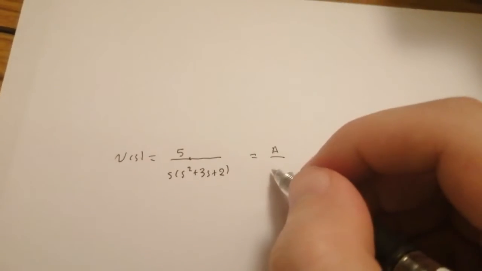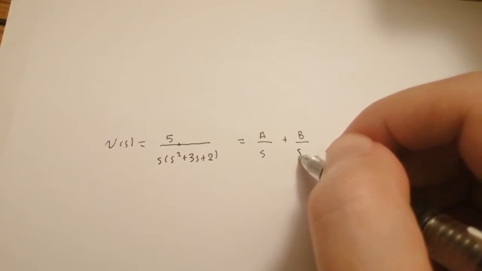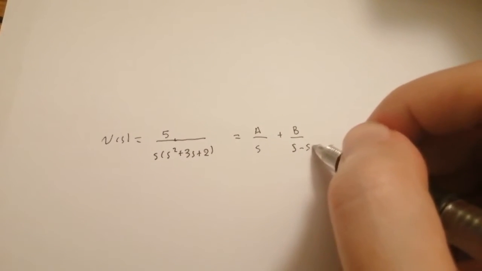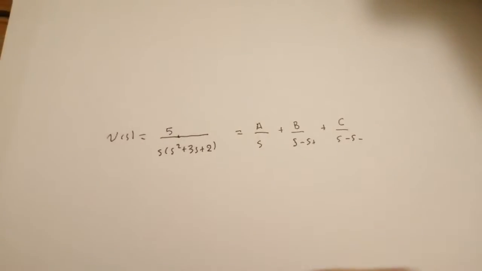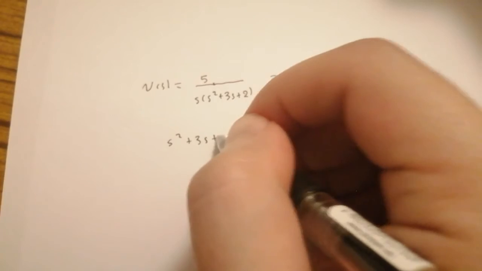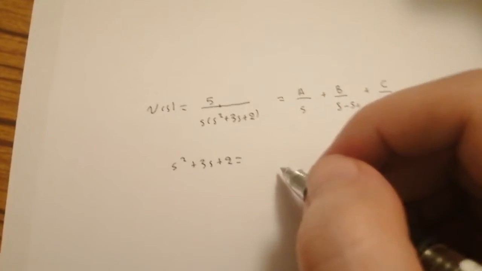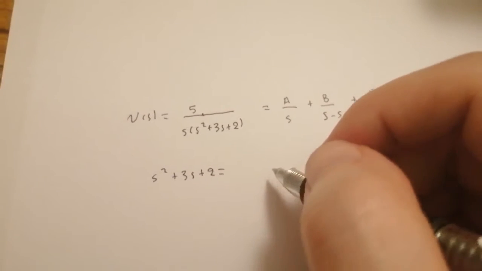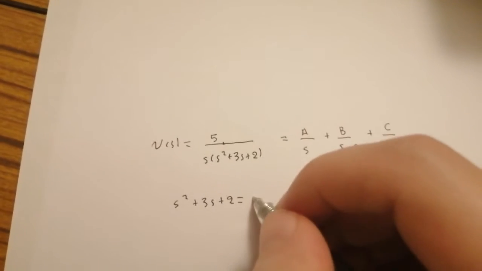So I have A over s plus B over s minus s plus, plus C over s minus s minus. Okay, this s squared plus 3s plus 2 is a quadratic function, a polynomial of degree 2, so I can find the roots of this.